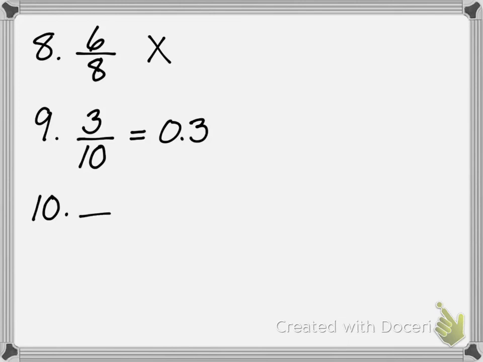Okay, next one. You have got a cookie that is broken into 4 pieces, and you eat 2 of them. So can you write a fraction for the number of pieces that you have left? Okay, you should have a 4 on the bottom. That's the total number of sections.